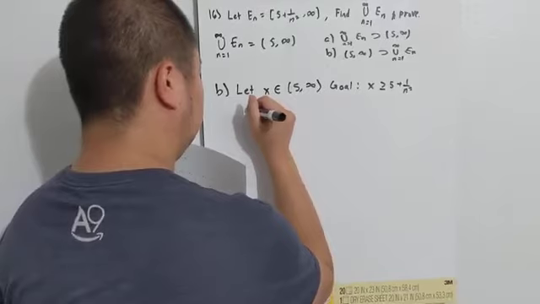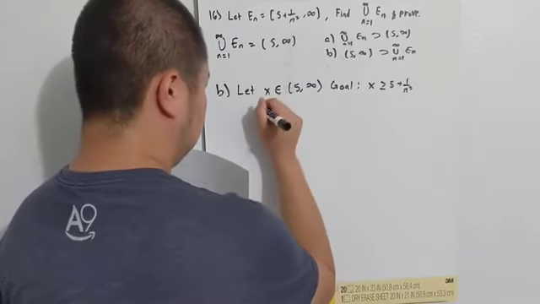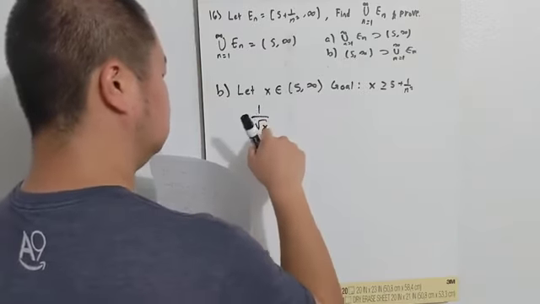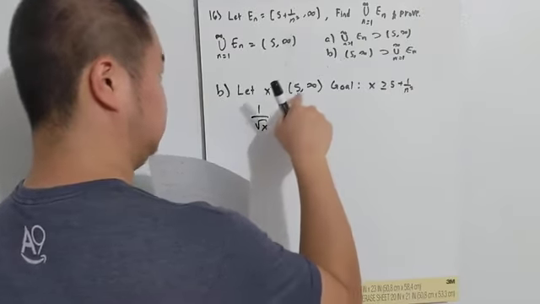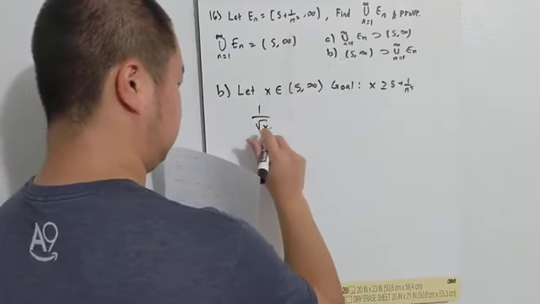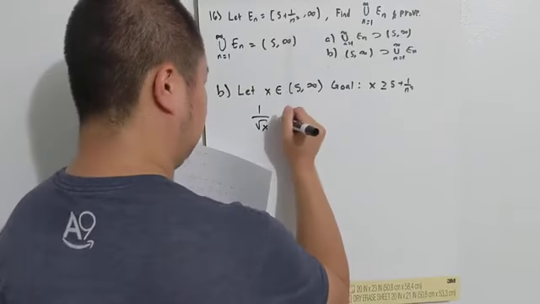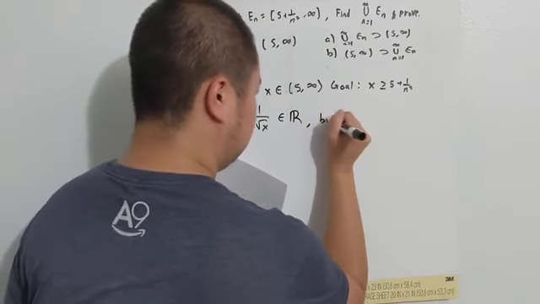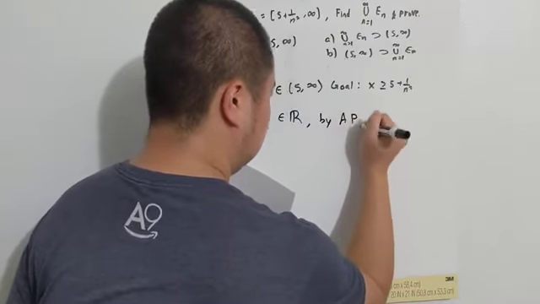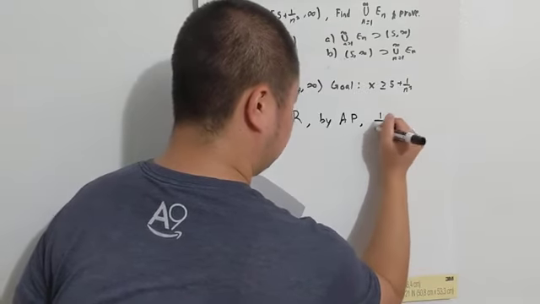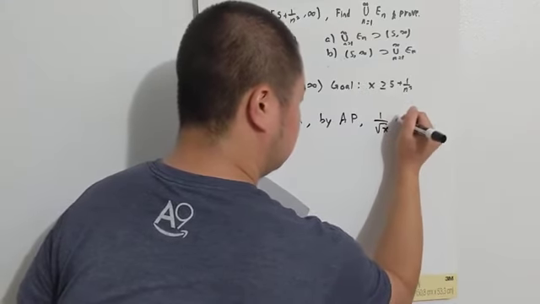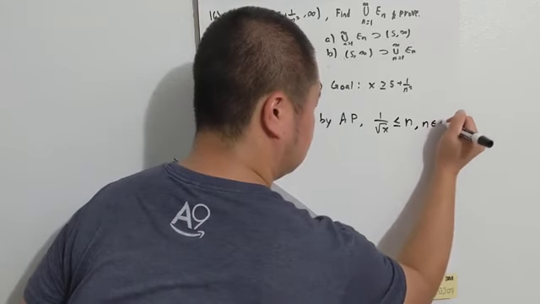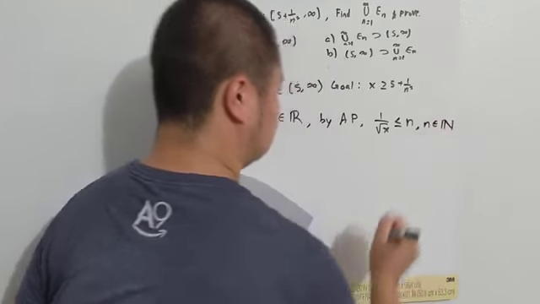So we see 1 over square root of x, and we know this is valid because x is within (5, ∞). This will never be invalid. And by the Archimedean principle, we get 1 over square root of x is less than or equal to some number n, where n is within the natural numbers.